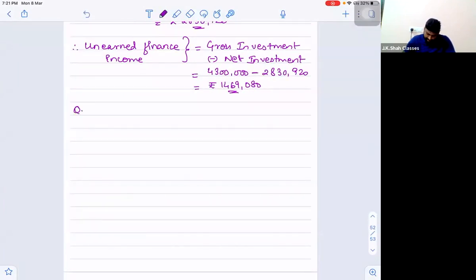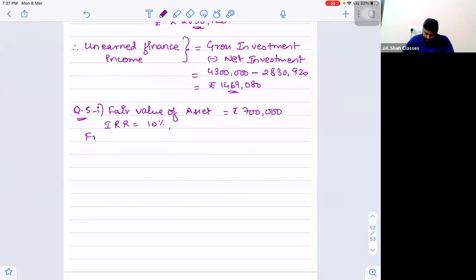Question number 5. So first I'll say fair value of asset. We are solving the first part. So fair value of asset is equal to rupees 7 lakhs. Correct? And IRR is given at 10%.